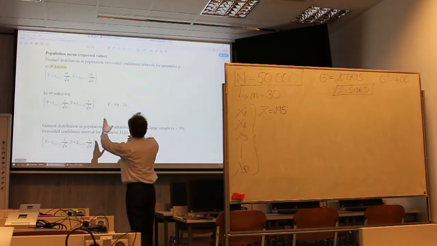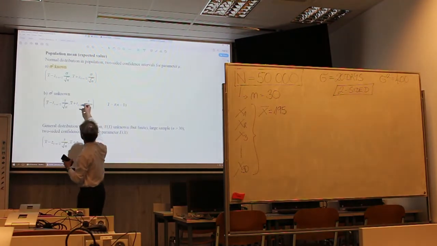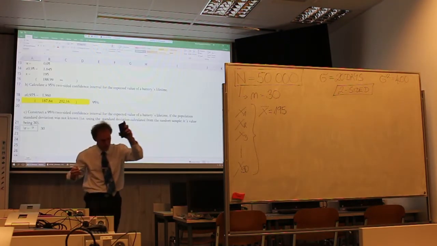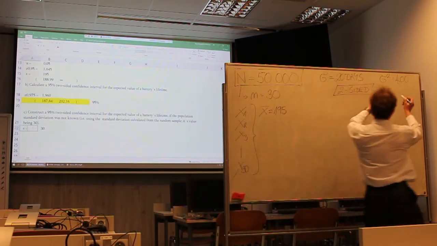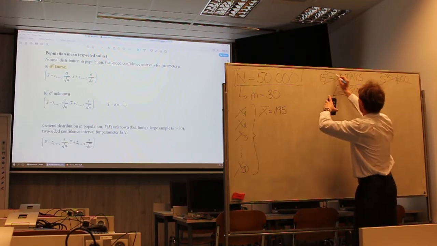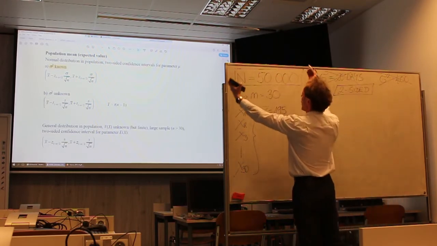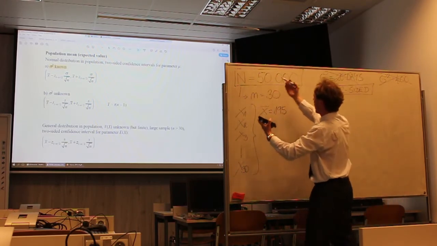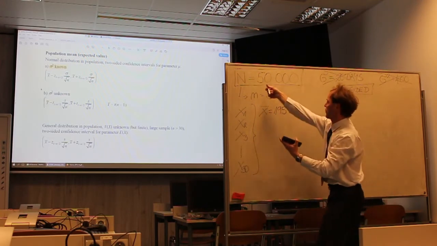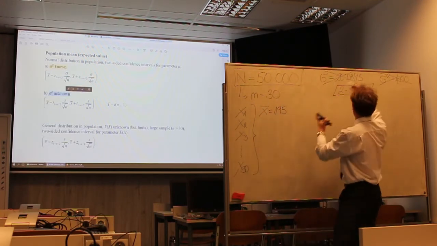If you check your formulas, there is written that sigma squared is unknown, this sigma squared which was connected with the population, with all batteries in the world, 50,000 batteries, is unknown.